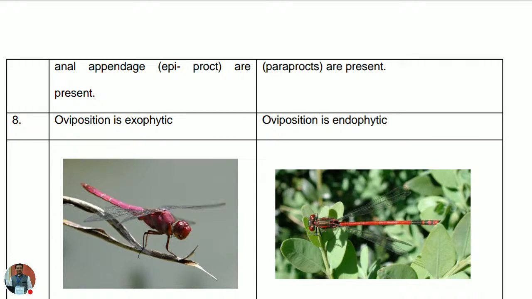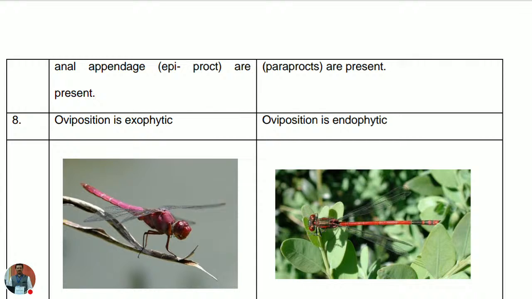So the damselfly is going to lay the eggs in the tissues of the vegetation present near or in the water body, but it is not keeping its eggs dipped in the water itself like the dragonfly. It is just somewhat above the water level.